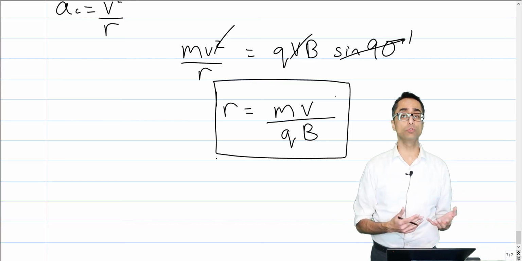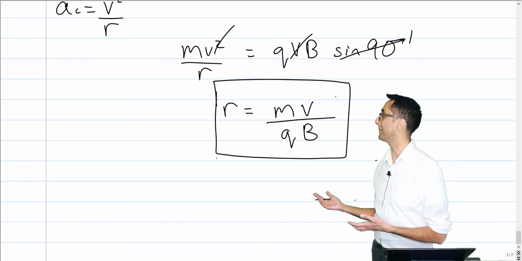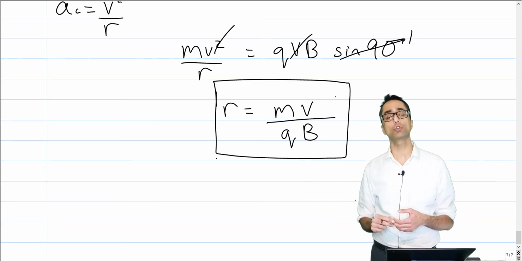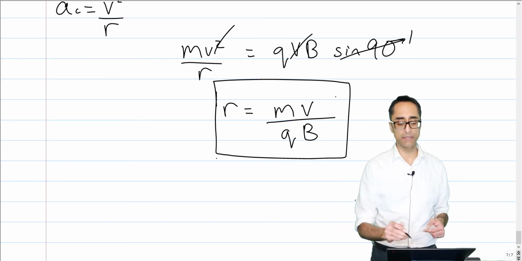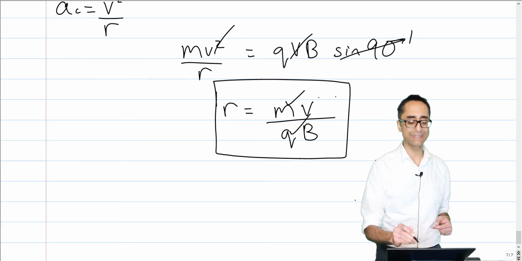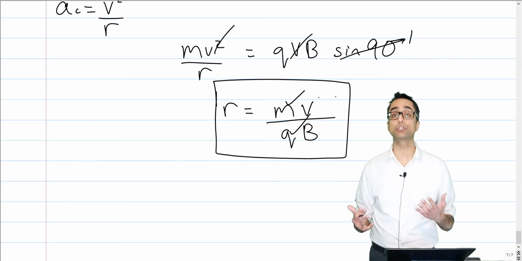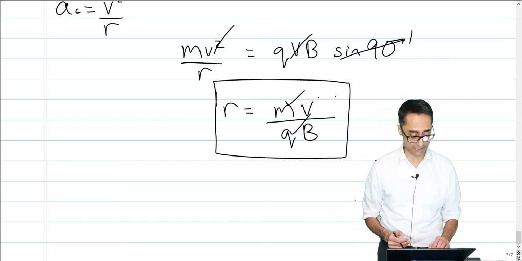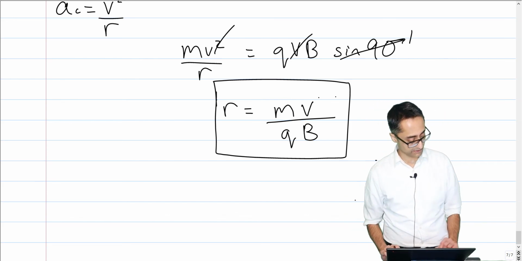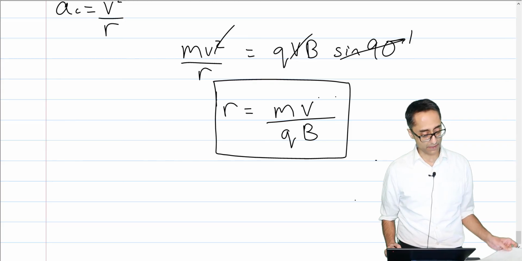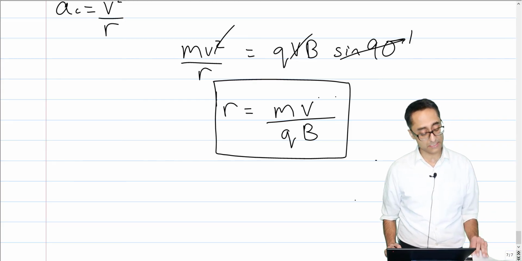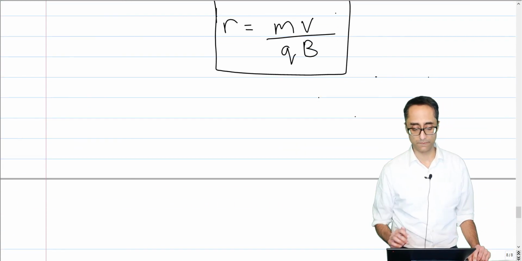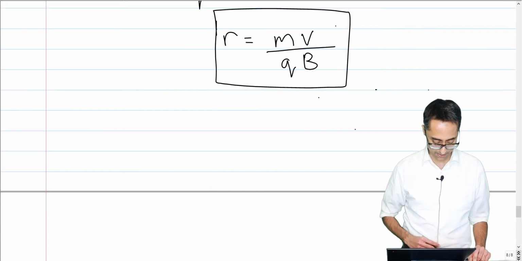If we throw those particles very quickly into a magnetic field and we watch the radius of the circle that is created, we should be able to calculate the mass and the charge, or at least the ratio of the mass and the charge of the particle, allowing us to identify it. And that's exactly what is done in a device called a cyclotron. But let's make sure we understand this equation first before we talk about that.